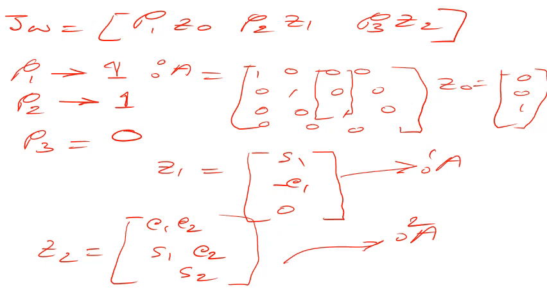So your total J matrix will therefore be as follows. J would be Jv over J omega.